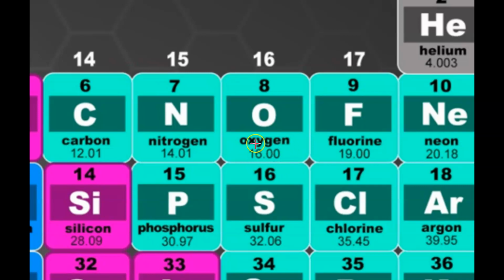I do not have the complete number because there is only so much room in this table. If I would have a more precise average atomic mass of oxygen, I would have more numbers here after these 2 zeros, right? Because this is an average atomic mass of all oxygen atoms in our environment.